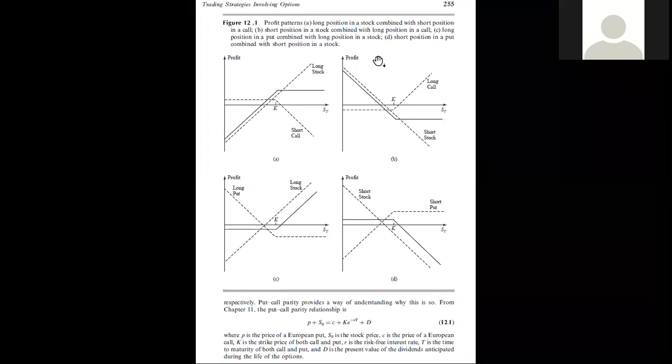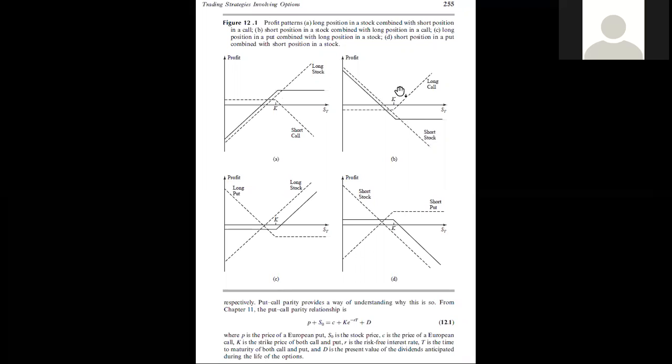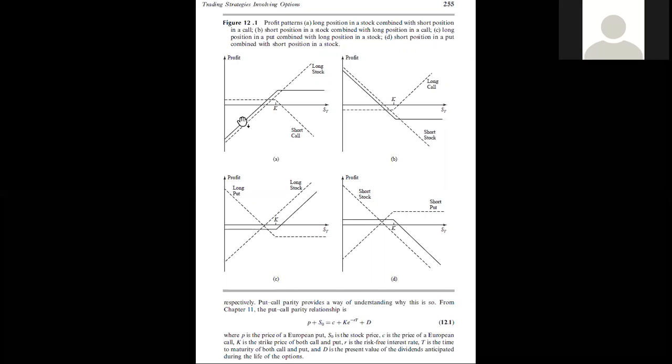Sir, in this diagram, what is this long call signifying? In which one? You're talking about which of the... The B part, sir. It is written here, long call, the dotted line. Why is it mentioned here? Yeah, because this diagram is for 4 of those.